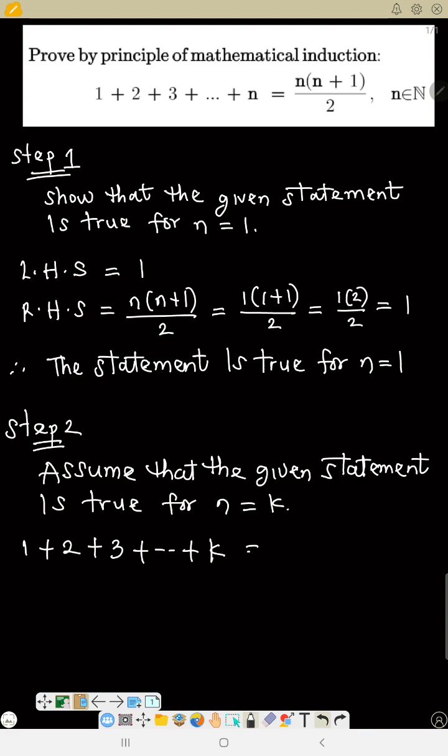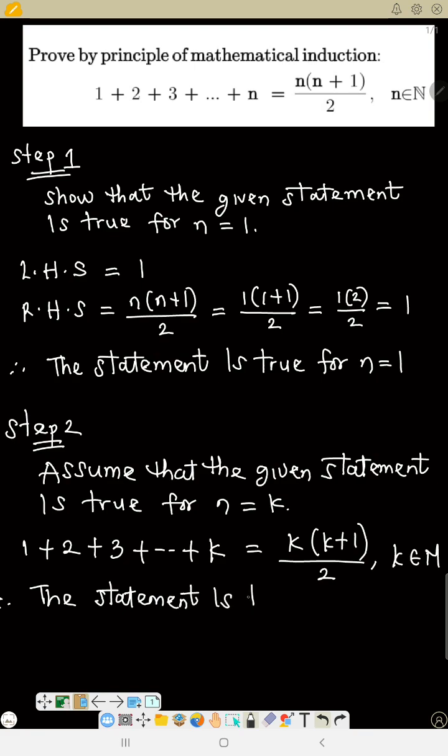Which is equal to, here is n plus 1 over 2, then it will be k plus 1 divided by 2, for k a member of natural numbers. So this second proof is the simplest because you just assume n is equal to k, then you have this. So you just conclude the statement is true for n is equal to k.